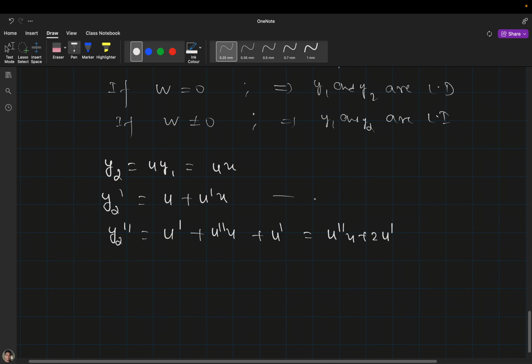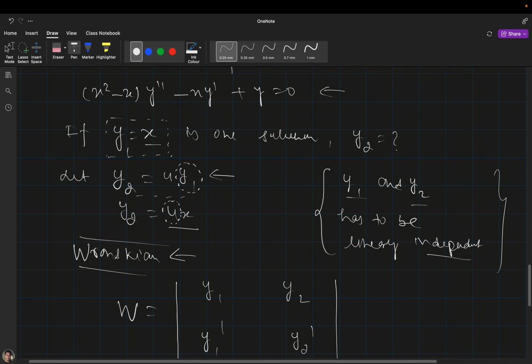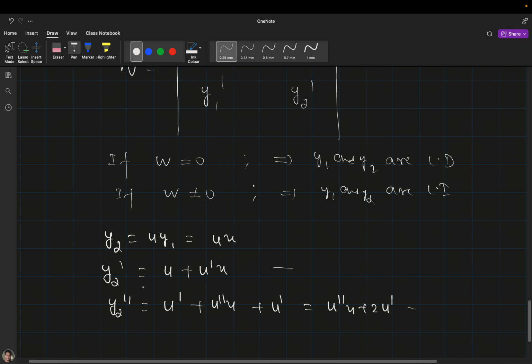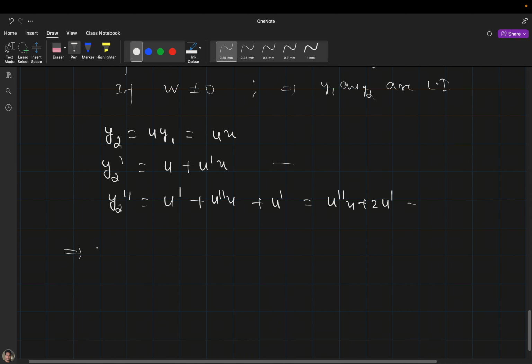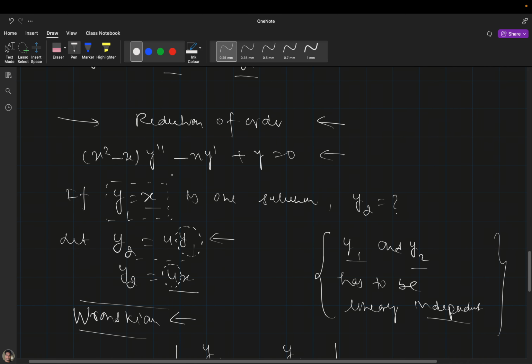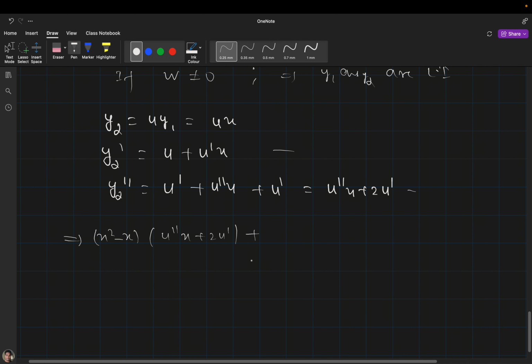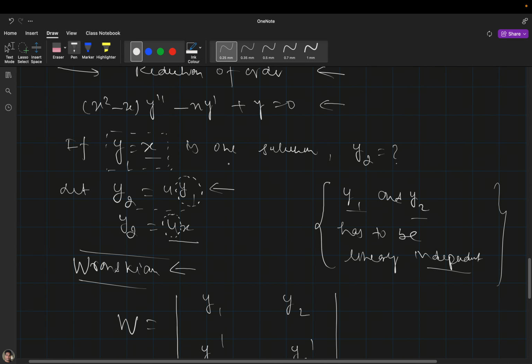Now I'll plug this and this into the differential equation. Then you will get (x square minus x) times y double dash, and what is y double dash? That is u double dash x plus 2 u dash, plus minus x times y dash.